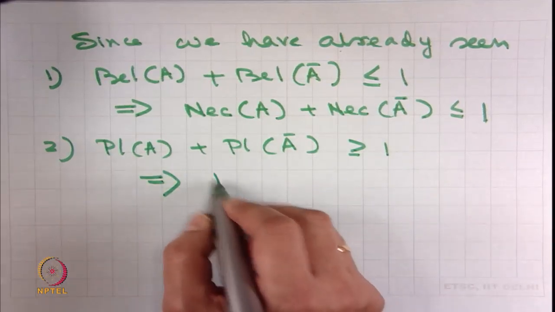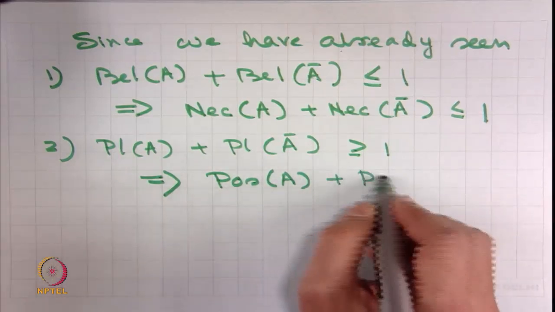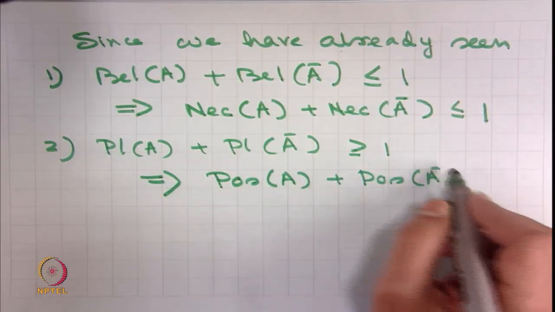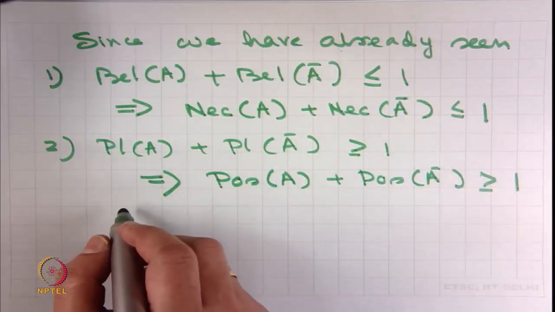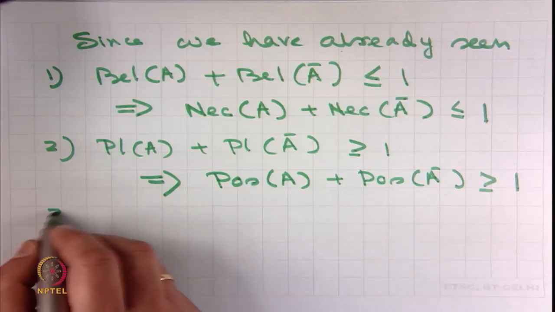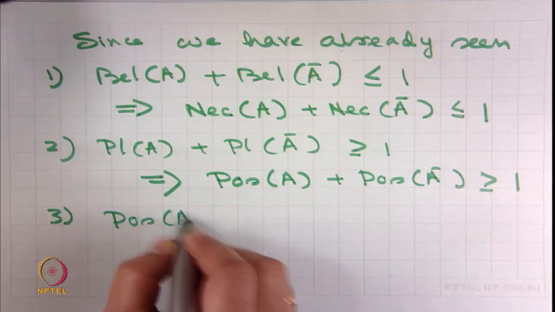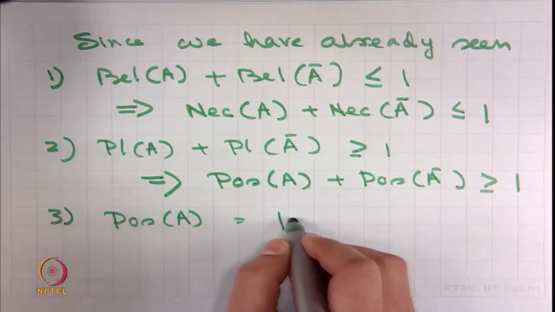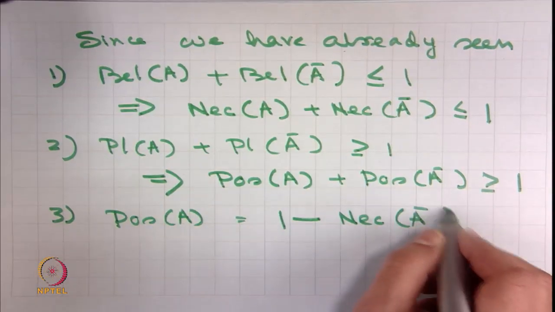This implies possibility of A plus possibility of A complement is greater than or equal to 1, and of course, the third is possibility of A is equal to 1 minus necessity of A complement.